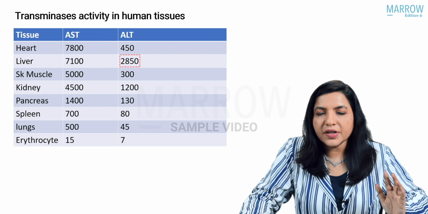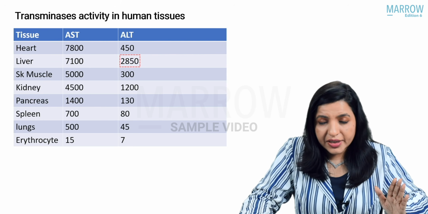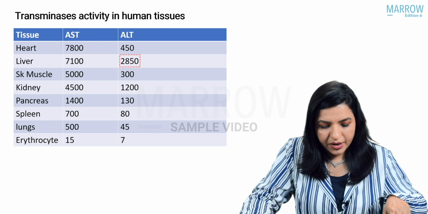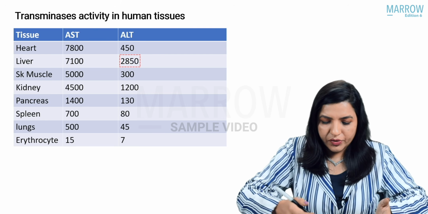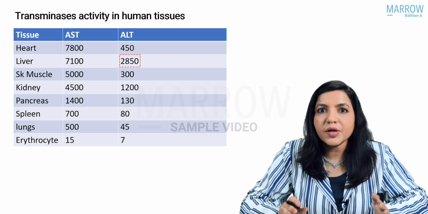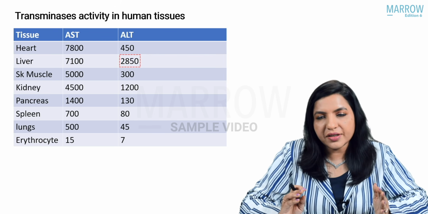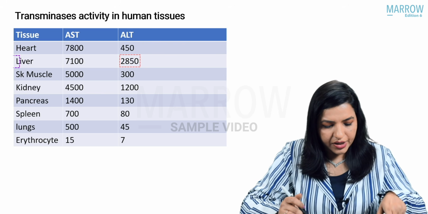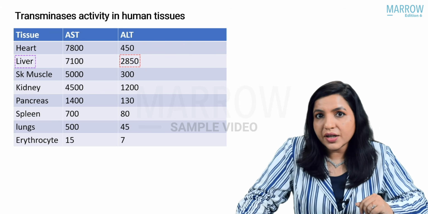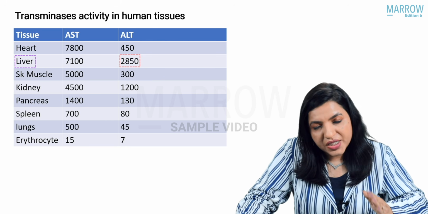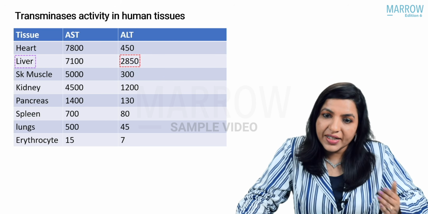First, I have highlighted that ALT is elevated to around 2850. If you see the distribution of ALT, the maximum elevation of this transaminase is seen in which organ injury? It is in the liver. So that is why we say ALT is more specific for liver injury than AST.